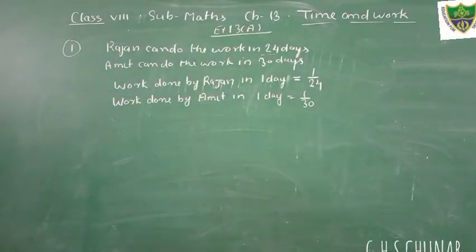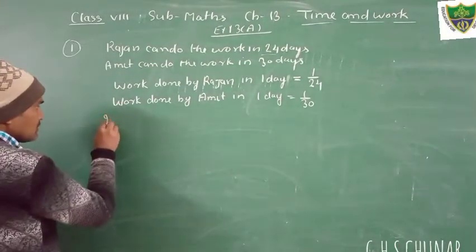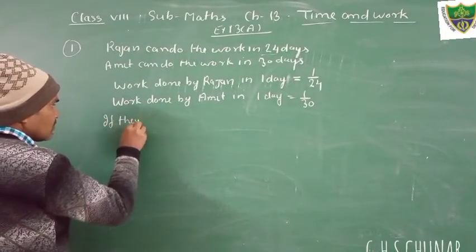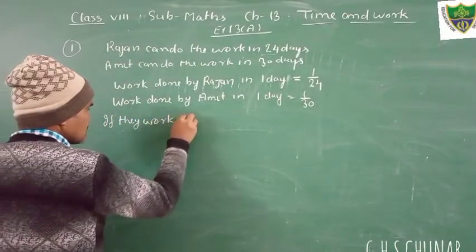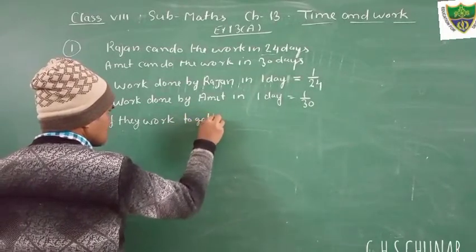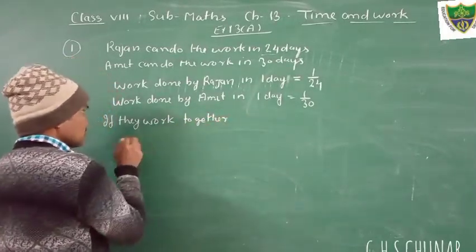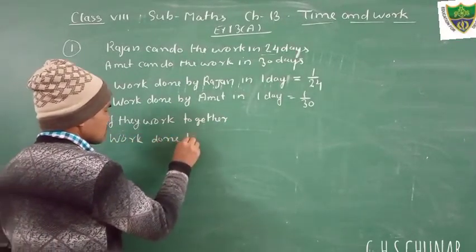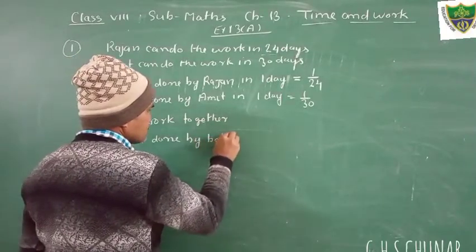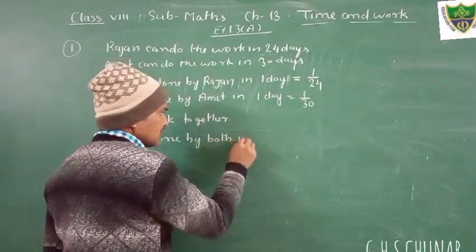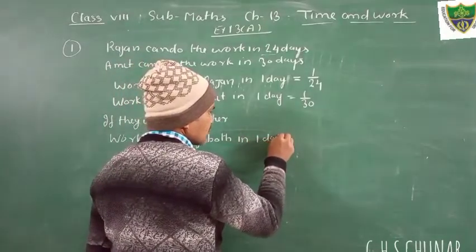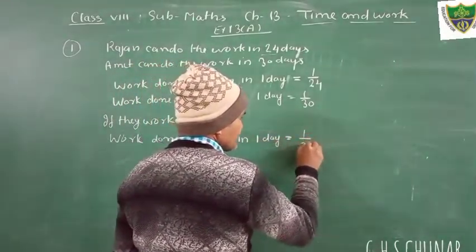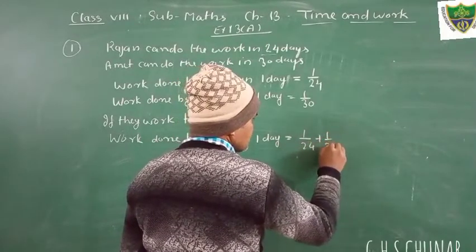If they work together, then work done by both, that is Rajan and Amit, in 1 day, is 1 upon 24 plus 1 upon 30.